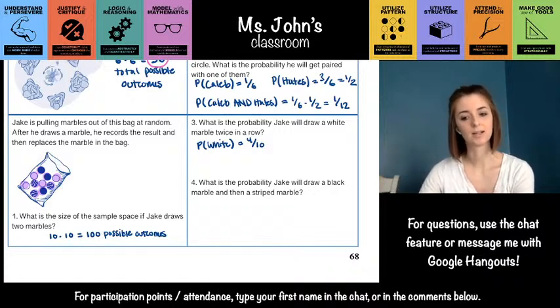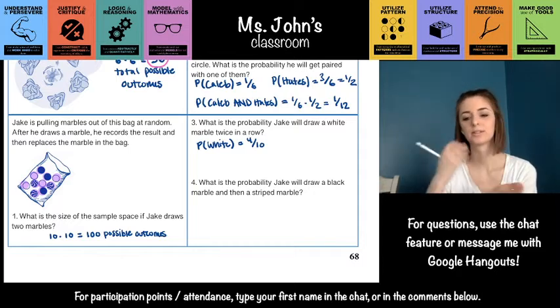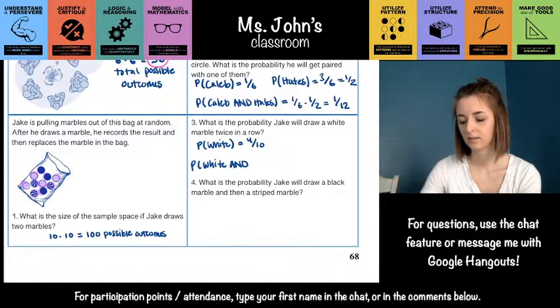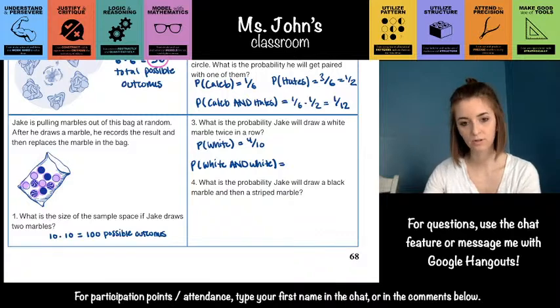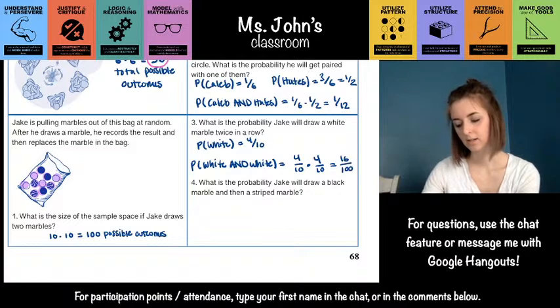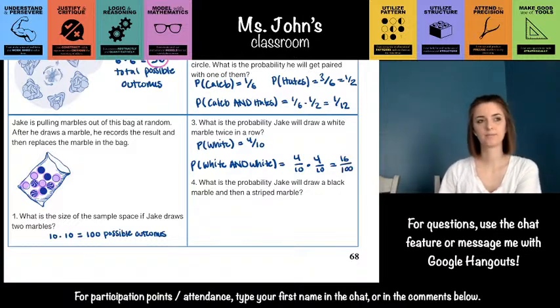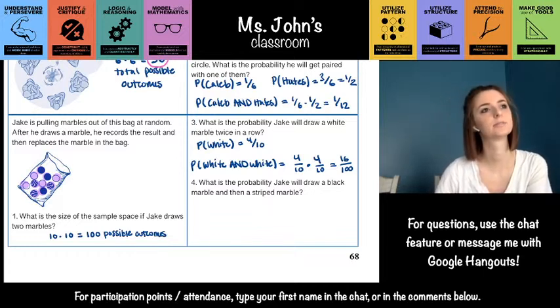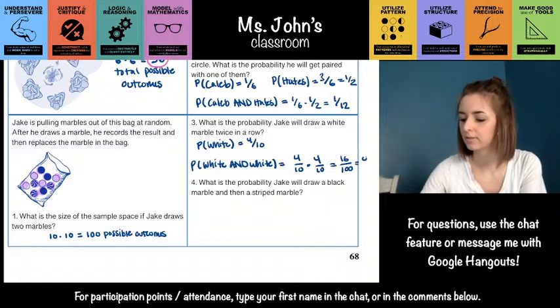So we're calculating the probability of the white marble and the probability of white marble, right? Which we could write like this: white and white. And again, we just multiply those two probabilities, even though they're the same probability. We multiply them together, and it gives us 16 out of 100, which definitely reduces. That's like then 8 out of 50 and 4 out of 25. That's probably the reduced version.